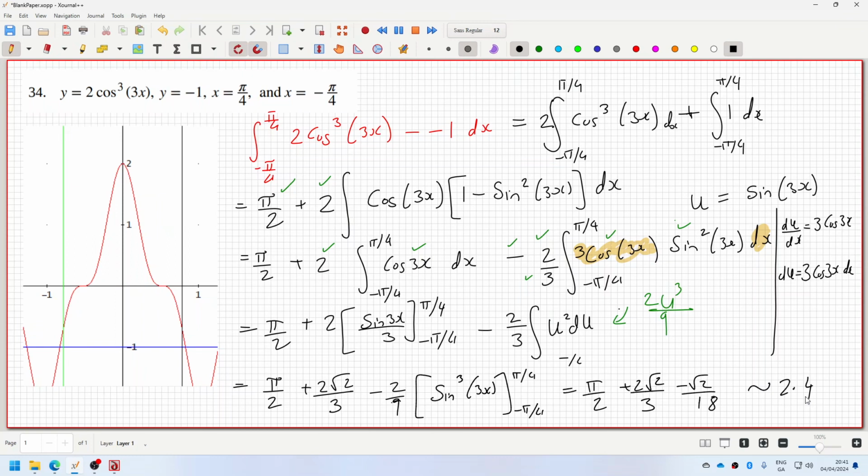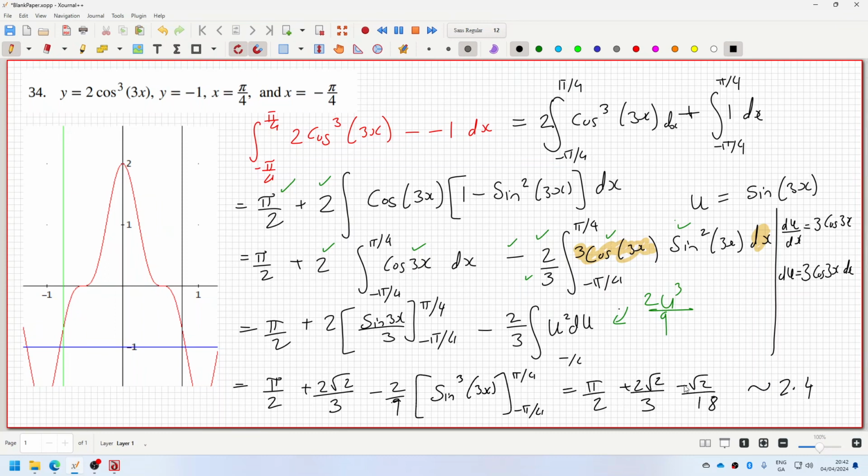Confirming. 2.3. Off ever so slightly. 2.3. Maybe I didn't type the minus in correctly. Okay.